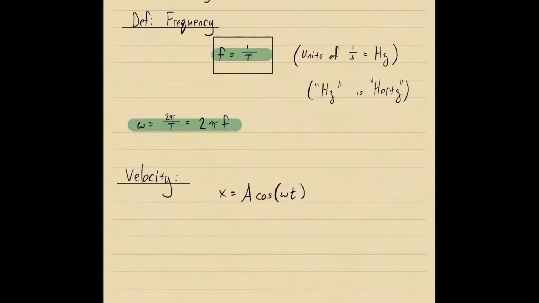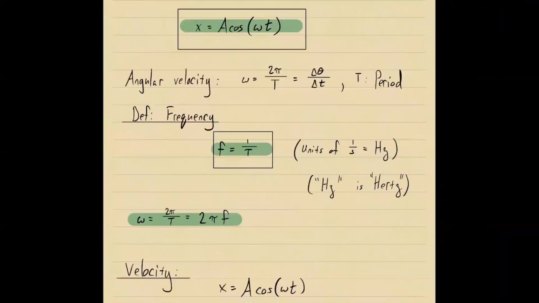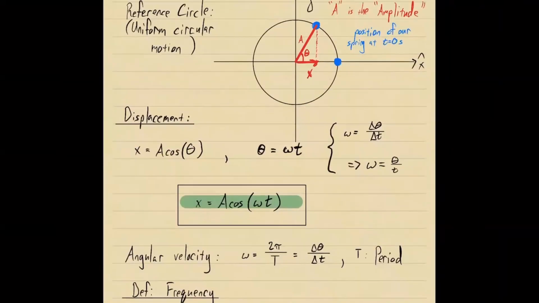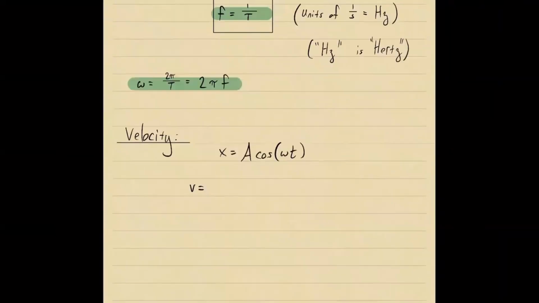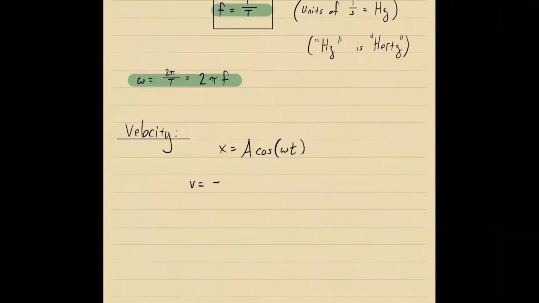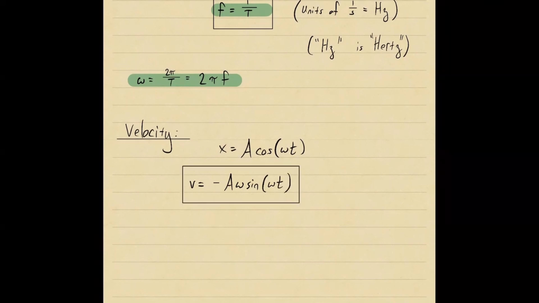So the velocity in this case, how fast it's going at any point along its path, is minus A times the angular frequency omega times sine omega t. Right, so this is going to have units of meters per second. It's a velocity.